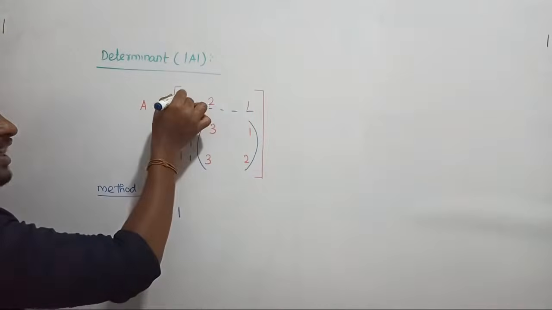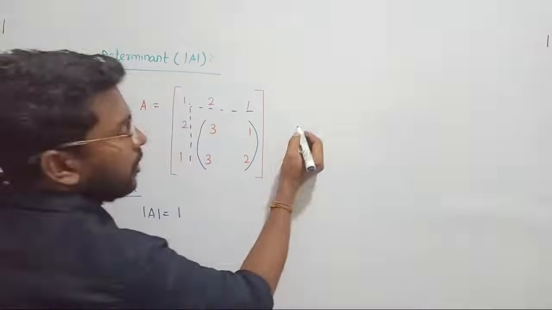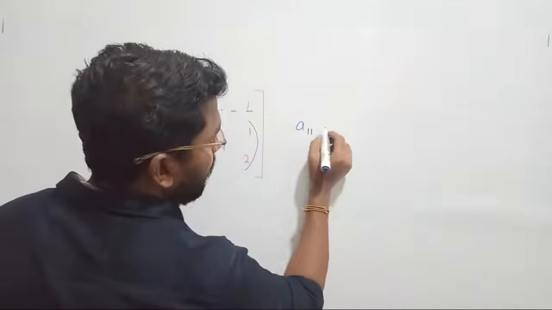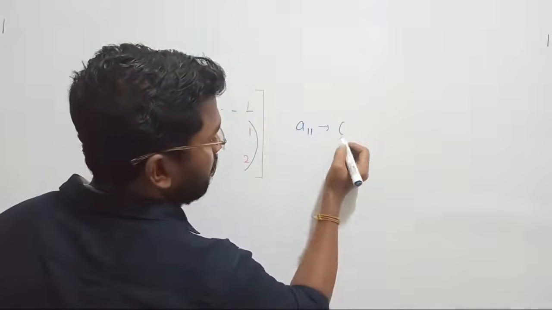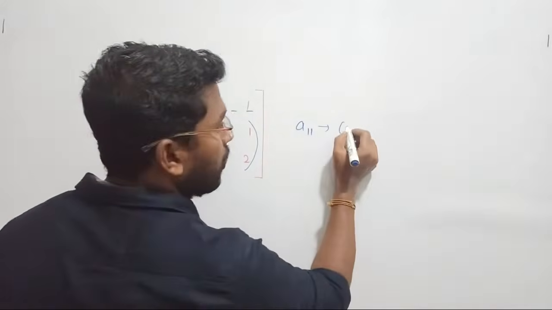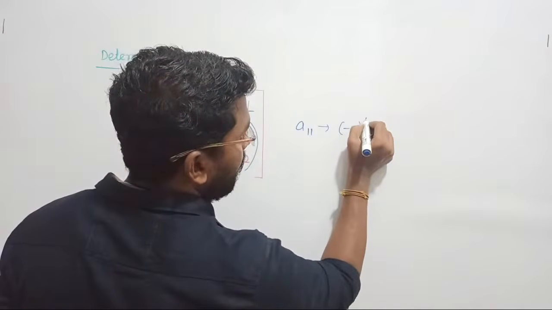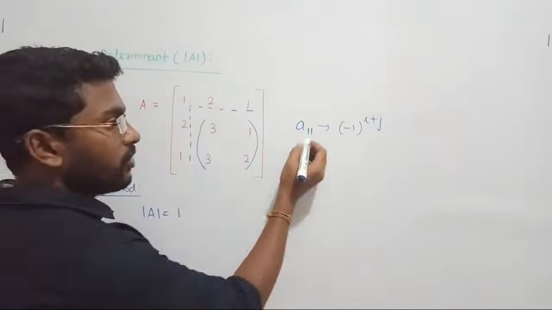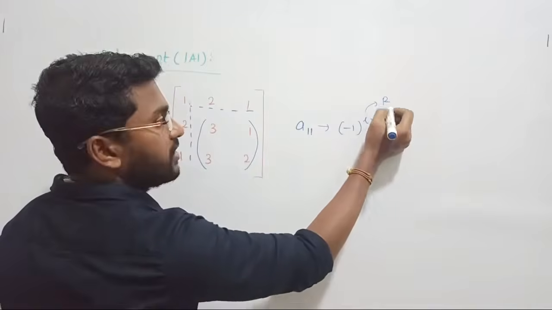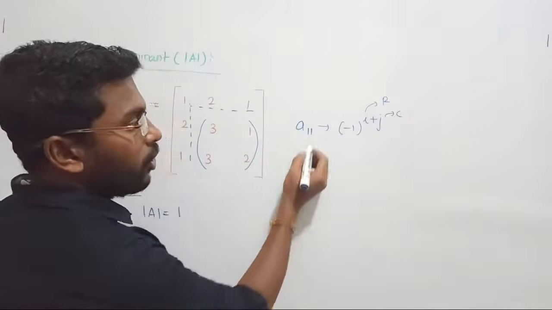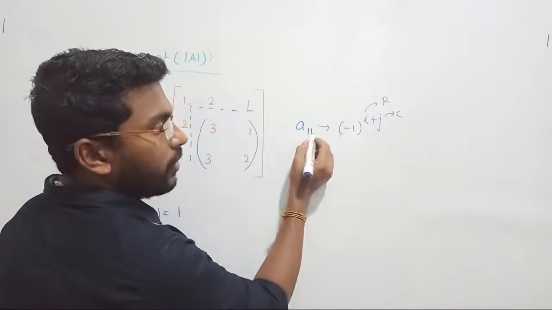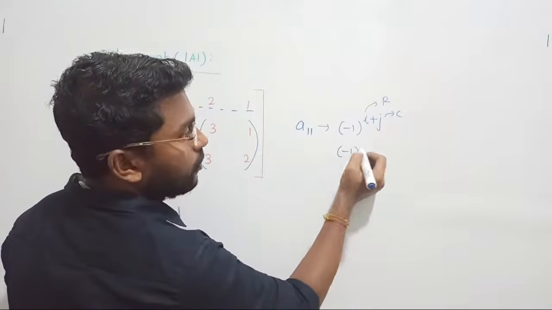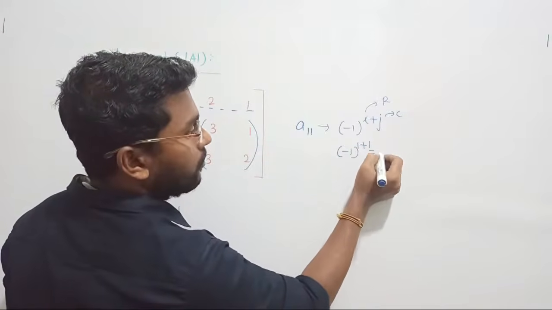Now I am selecting 1, that is a11. Just remember the expression: keep -1 in the power i plus j, where i denotes the row and j denotes the column. Here i is 1 and j is 1, so -1 to the power 1 plus 1 becomes plus 1.